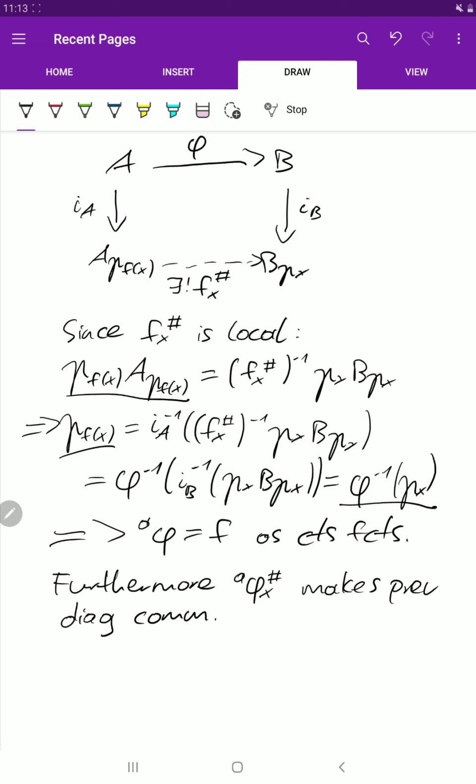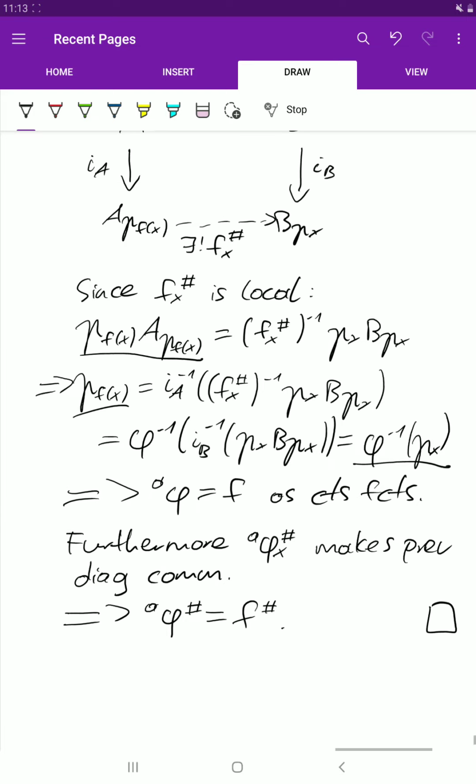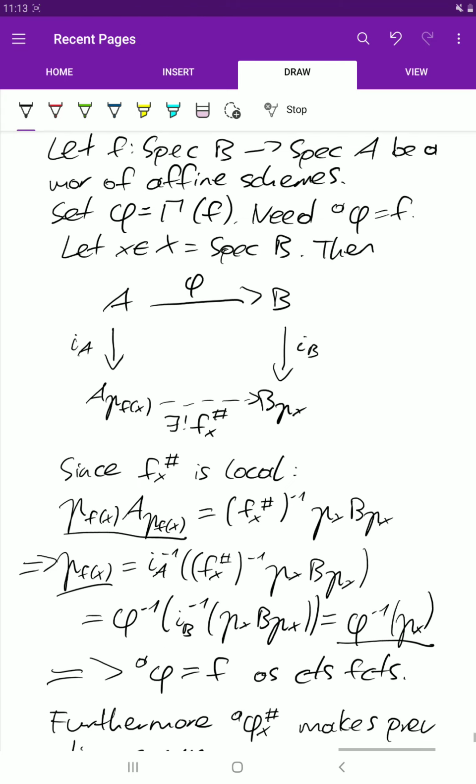So we first get this equality at the stalks for all x, but if the maps are equal on the stalks, they are also equal. So also these two maps are equal, and therefore the maps on topological spaces are equal, and also the maps on sheaves, which gives us this.